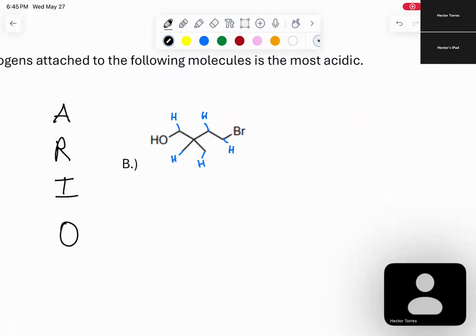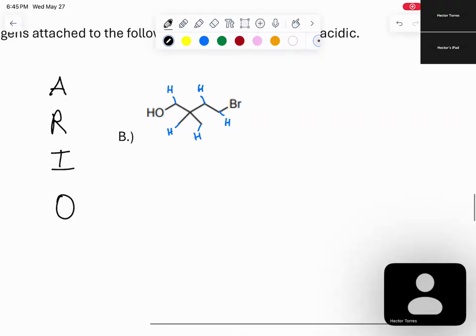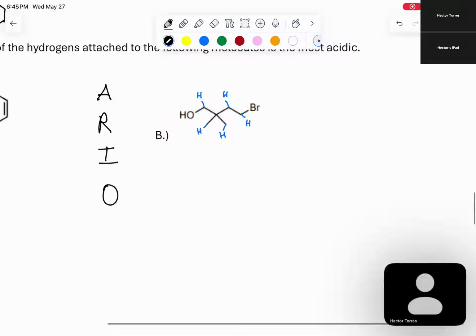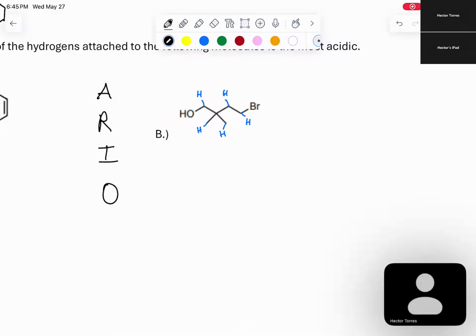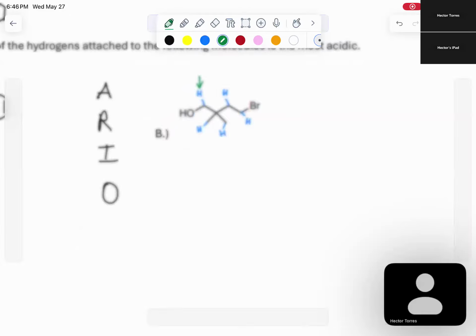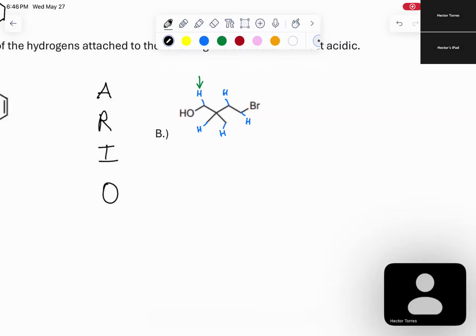Now, again, I can draw all the different options and then see which one follows ARIO. So first one I'm going to draw is this one. If a base takes that one, it'll be HO with a negative charge here, and then don't forget these carbons.